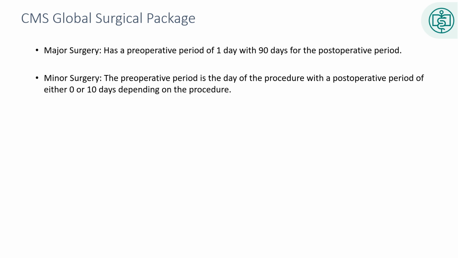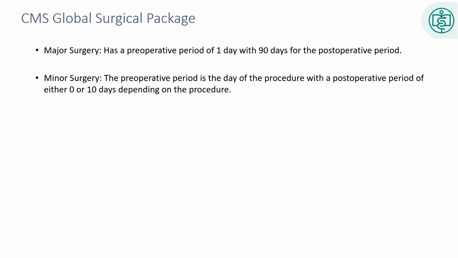The 10-day global period applies to surgical procedures that are considered intermediate and include procedures such as toenail removal. The global period for these procedures is 10 days, which means all the services related to the surgery are included in the global surgical package for a period of 10 days after the surgery.